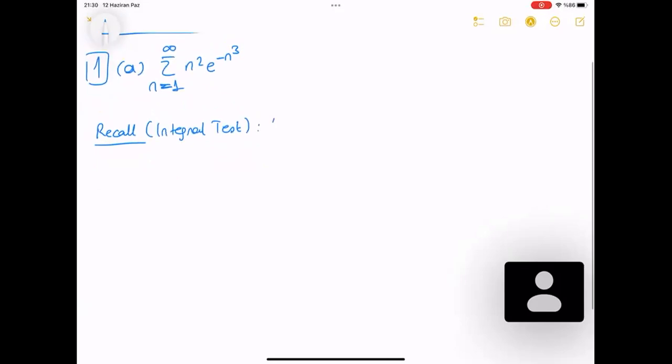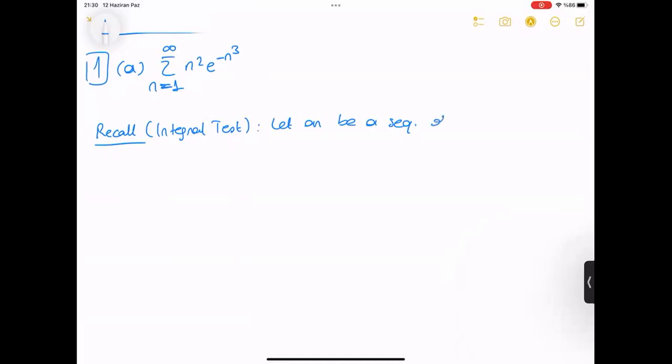First assume that we have a sub n, which is a sequence of positive terms, and let's assume that we have some function f, whose image of the natural number n is a sub n.